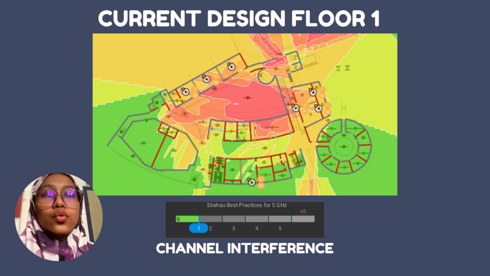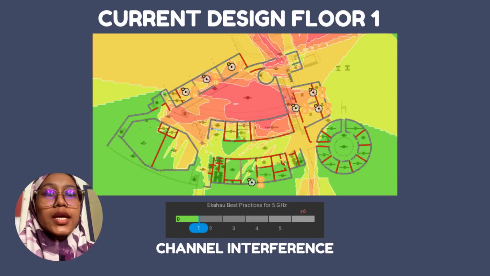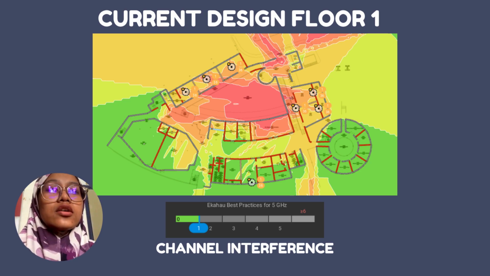It fans outward through orange and yellow, then past the building on the north side, it cools down to green out at the far edges. Here, green shows the opposite, as none of the 7 AP signals reach strongly enough to overlap there.